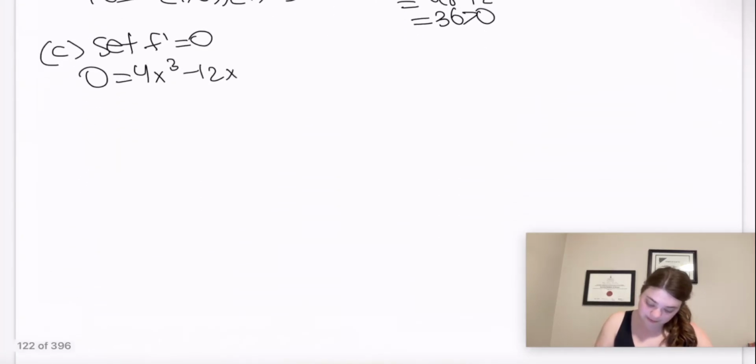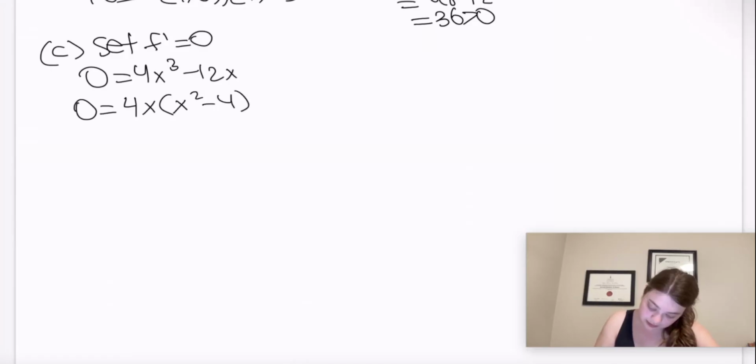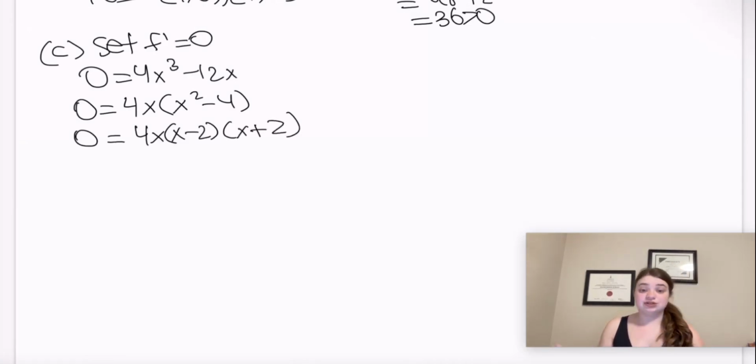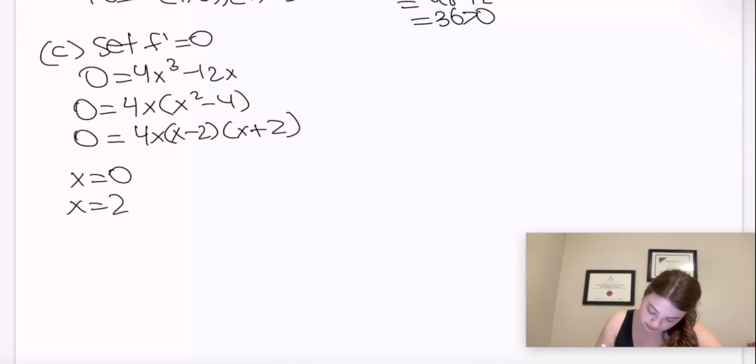And then we can factor out 4x, so 4x times x squared minus 4, and then we can also factor x minus 2 times x plus 2 since we have our difference of squares pattern. So that means my critical values are x is 0, x is 2, and x is -2, or at least these are my critical x values here.